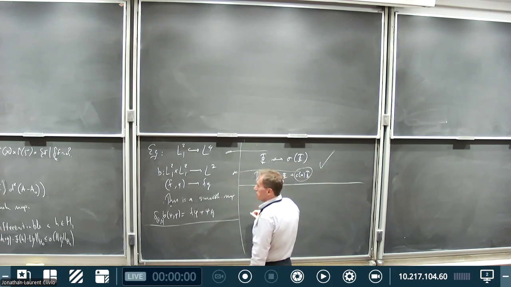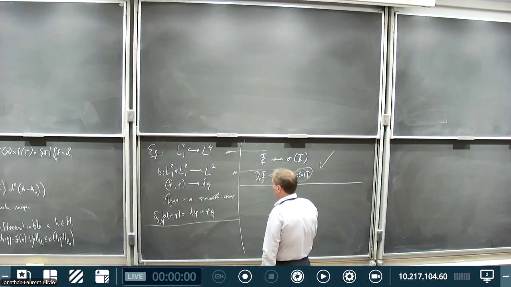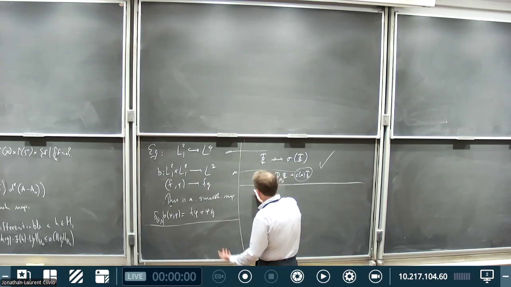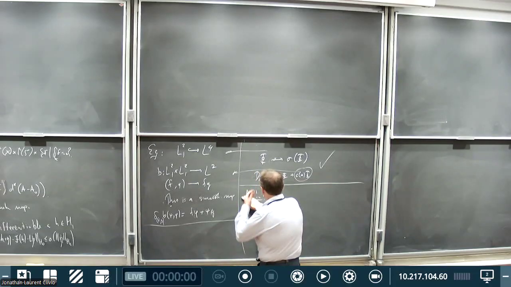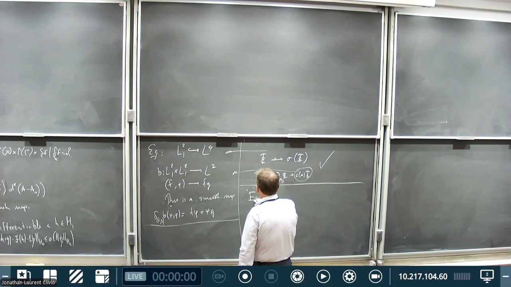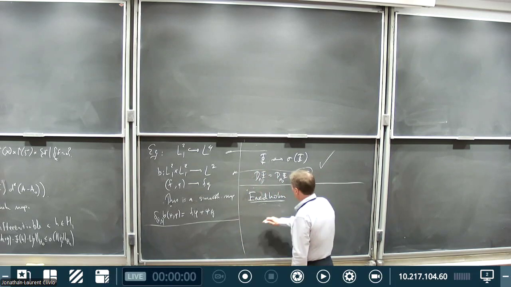Okay. Why is it Fredholm? So let's know some value, smoothness. Where does the Fredholm property come from?